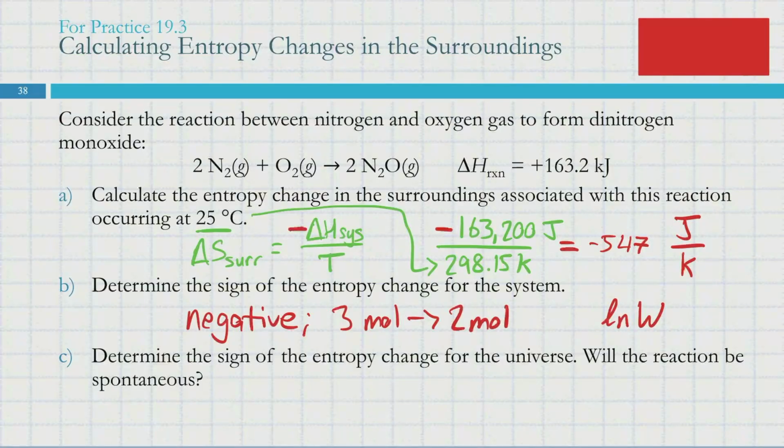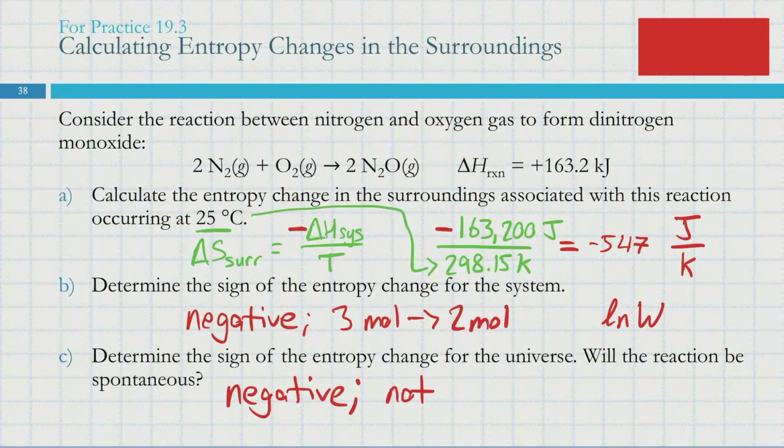The other giveaway that it's negative is part C, determine the sign of the entropy change for the universe. If we had a positive change in entropy for the system, we don't have a number for that change in entropy for the system, so we wouldn't be able to tell if it's positive or negative. So this one is also negative. Is our reaction going to be spontaneous? Does the entropy of the universe increase? It does not increase.